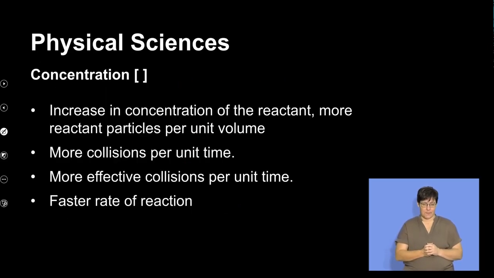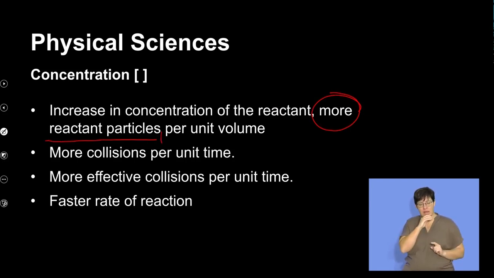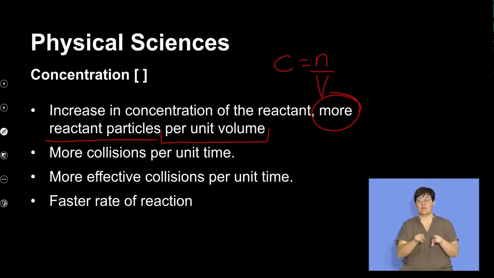So if we look at an increase in concentration of the reactant, there will now be more reactant particles per unit volume. In other words, C = n/V. We have a higher concentration, so the number of moles is more if our volume remains constant.